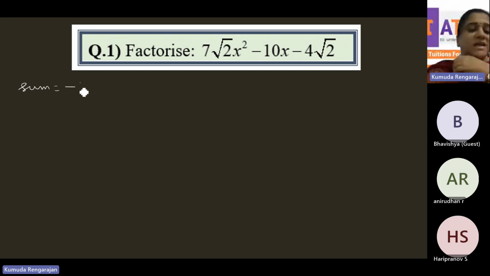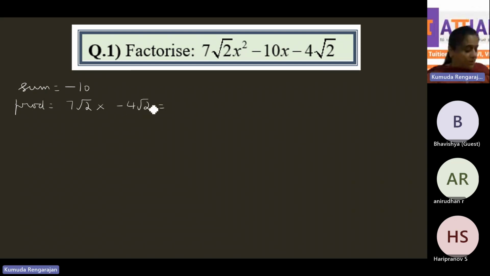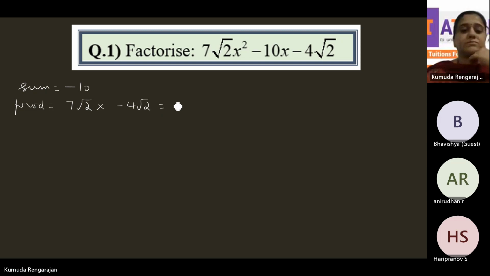Very good. Minus 10 is the sum. And what's the product? 7 root 2 into minus 4 root 2. What's the product? Multiply and tell me. Minus 56. Very good. Now find the required numbers.